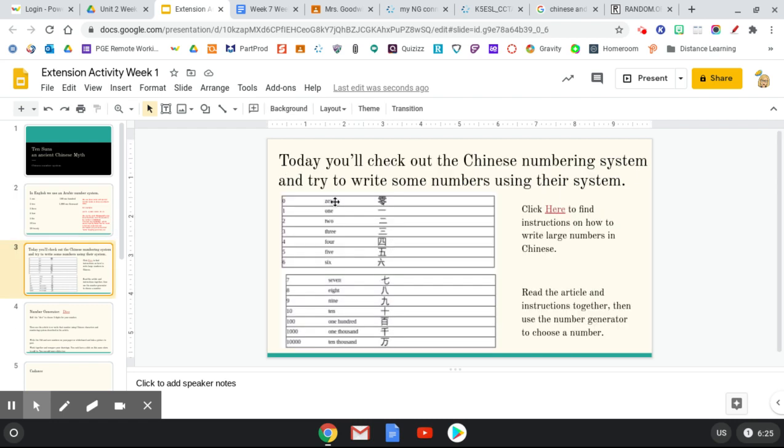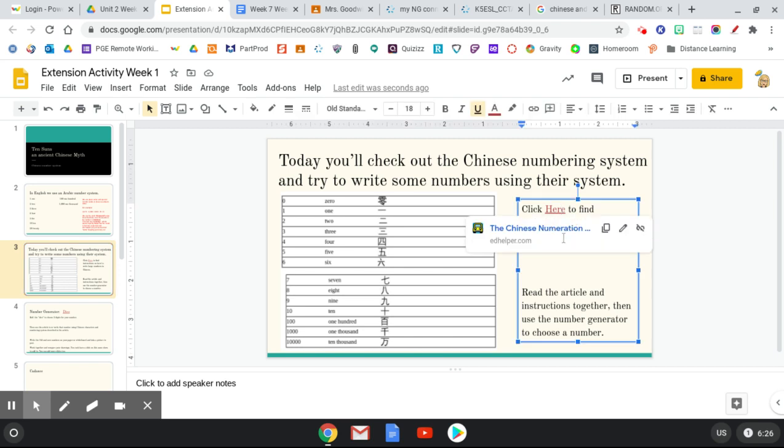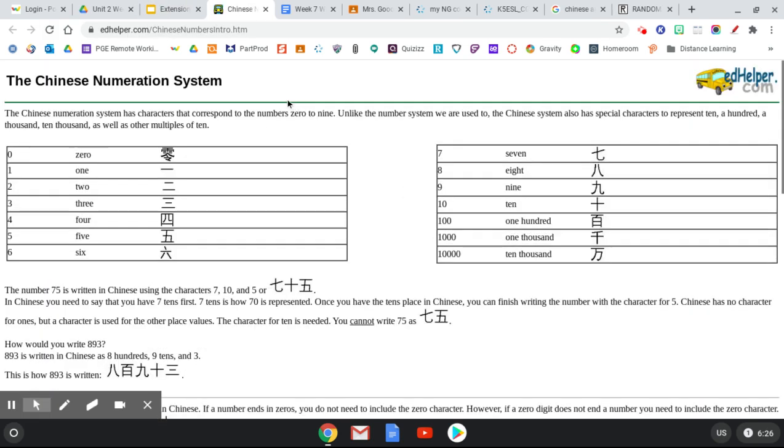In the Chinese numbering system, they have the same numbers and they have symbols for numbers, but the way that they arrange them, you wouldn't, for example, the number 4,000, you wouldn't just put this and then the 700. You don't just get to put them in order. You have to actually put a place value identifier there. And so that's what this article will show you.